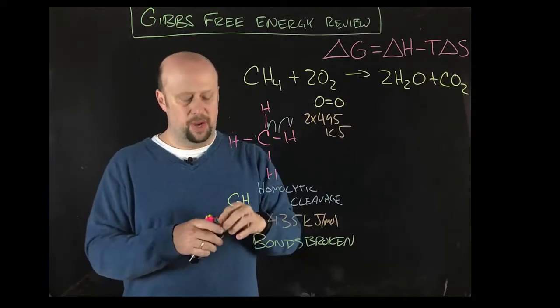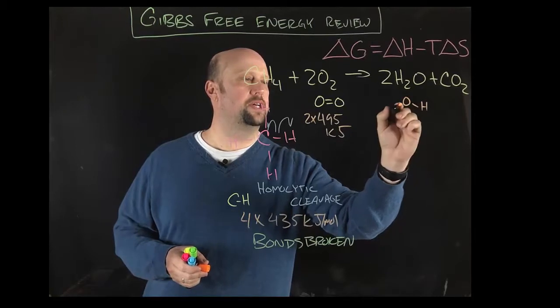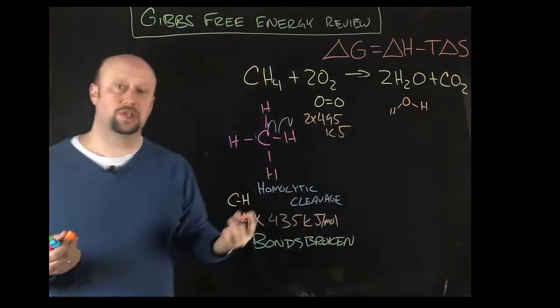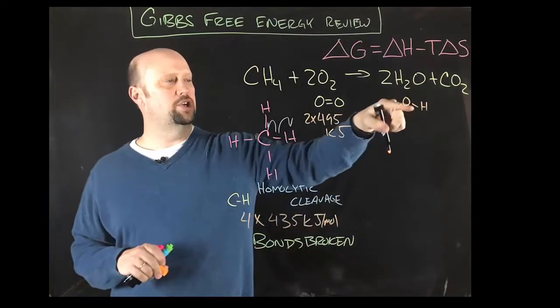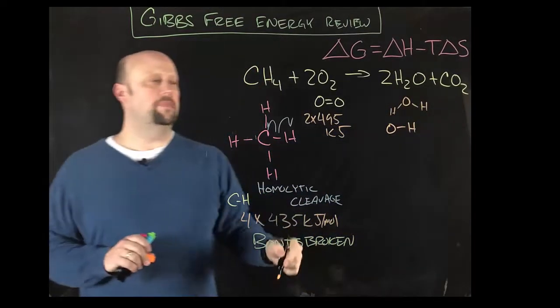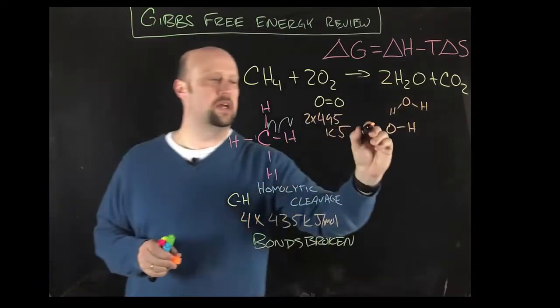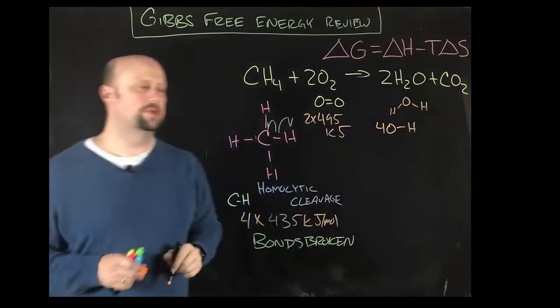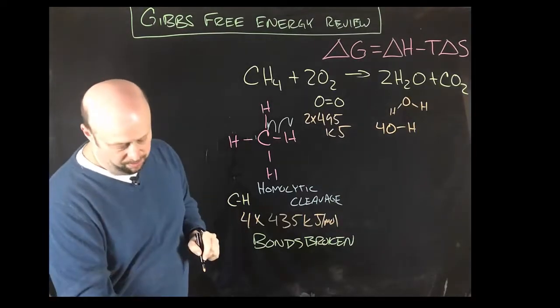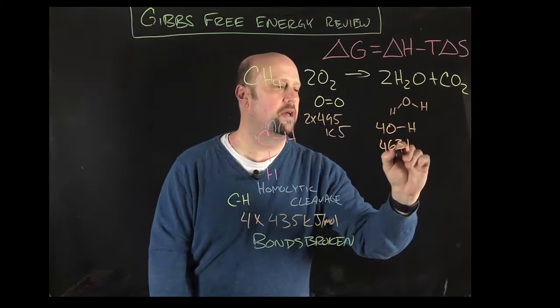So in the case of my water molecule, of course you know your structure of water. Water is this, and I'm not going to draw all the electrons because I'm really just concerned with the bonds right now. So I've got 2 OH bonds. There's 2 on each molecule, but I have 2 moles of it. So that means I have 4 of those. And so the bond enthalpy for that is 463 kilojoules.